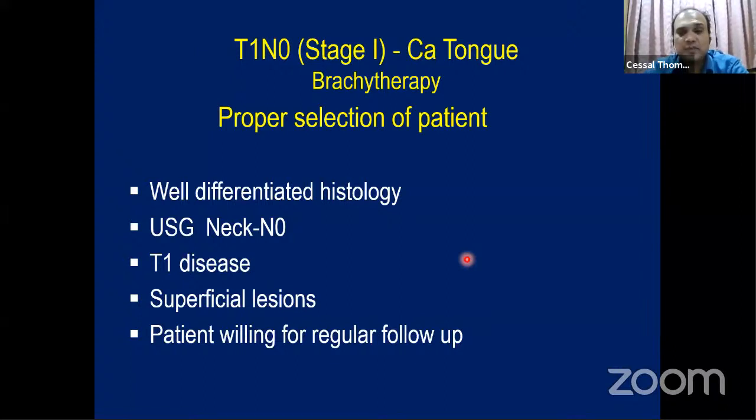Proper patient selection should be there, and the patient should be counseled about the pattern of relapse if you do not treat the neck. This has to be properly counseled when you take the patient for brachytherapy, and this is applicable for lip as well.